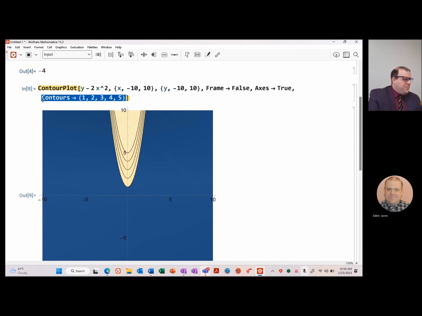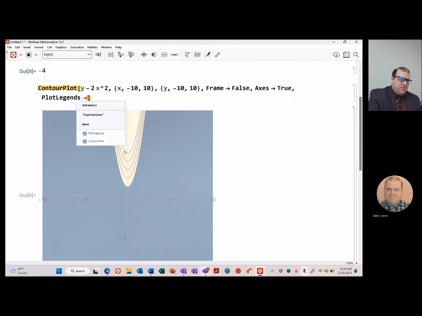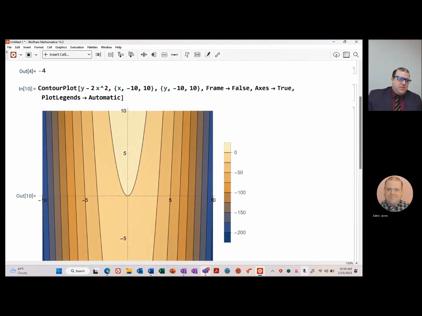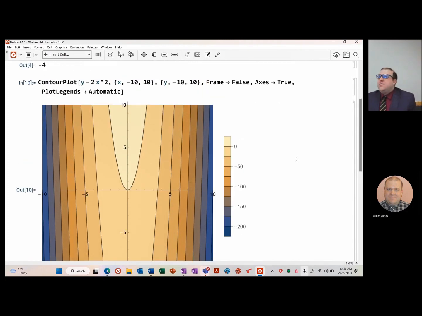What I am going to include, though, is plot legends. So what that will do is kind of tell you what the colors represent in terms of the contour level. And then you could have some fun with this. You can actually change the shading using some of the gradients that are built in.